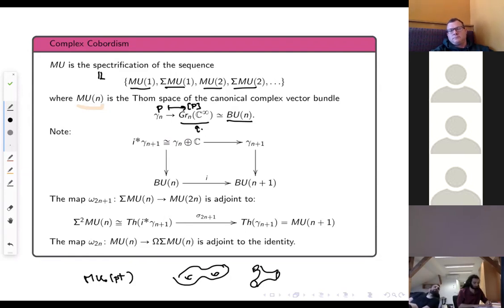Now you take the Thom space: you take the one-point compactification of all the fibers, and then you take all the points at infinity and crush them to a point. So that's MUN.